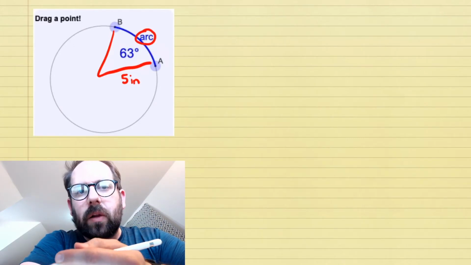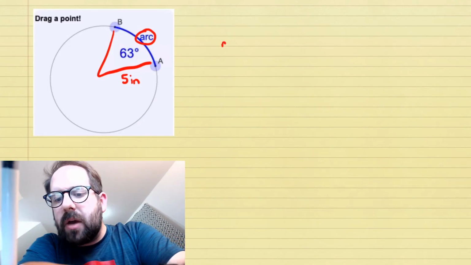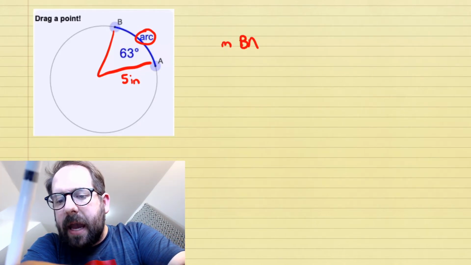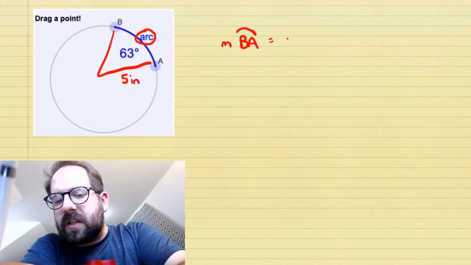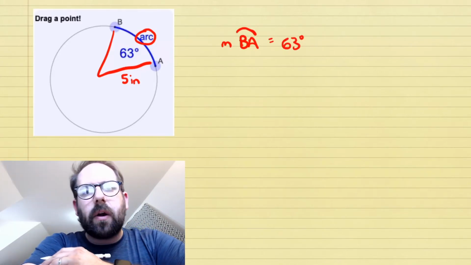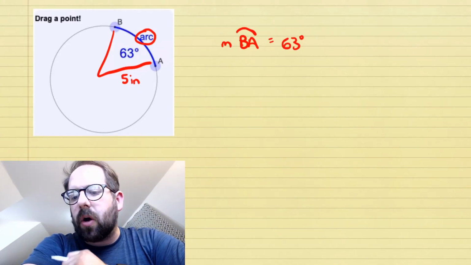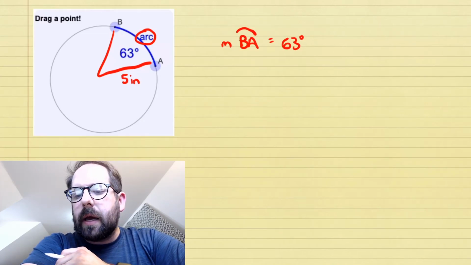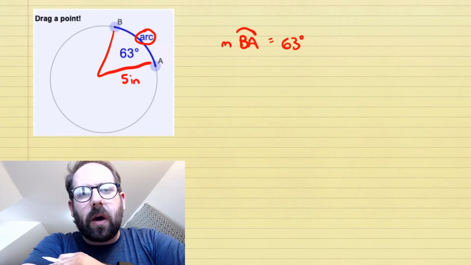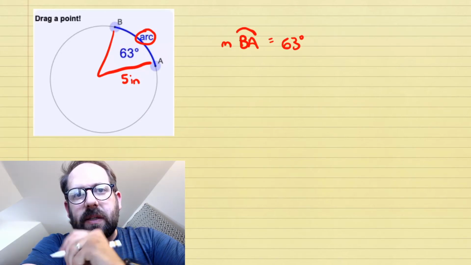Not just the measure of arc B to A, that arc, that's 63 degrees. That's the angle at the center. That was something we talked about last week. That's a minor arc. It's smaller than 180. I'm talking about the actual length of the arc from B to A, the actual raw distance.